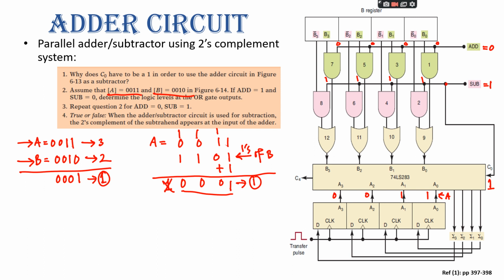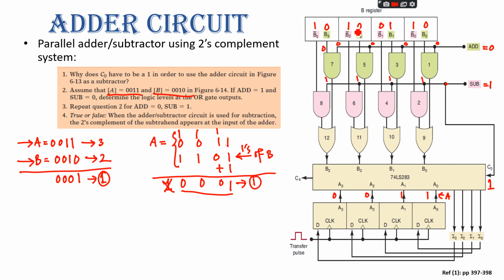Now in order to get the subtraction result, we have to add them together, but after converting the B number into its equivalent 2's complement. So how can we do that? Previously we said 0 0 1 0 is my actual number, so the complement of this number would be 1 1 0 1.